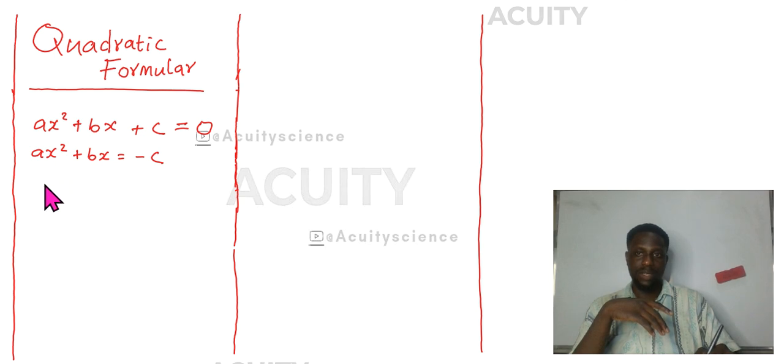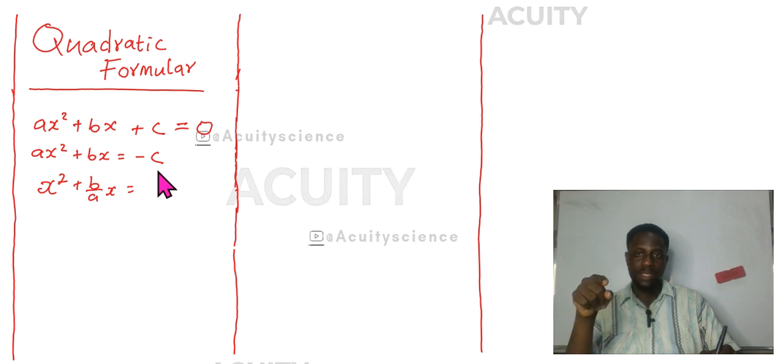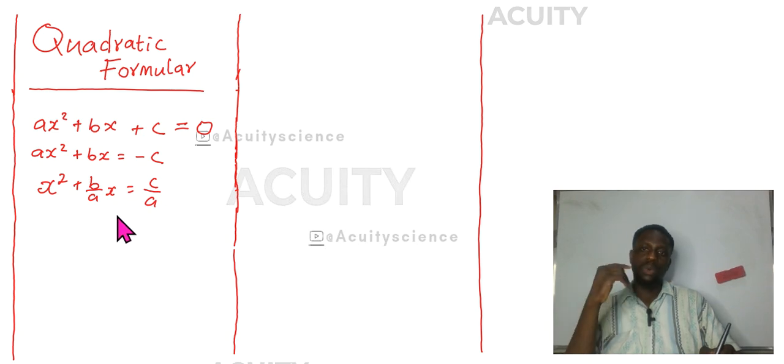Let me rewrite that properly. That would be x squared. Then we have a b here, so b over a x. Okay, then we have c there, then c over a. All right, we have that. Now what we want to do is, there's a minus here, we want to complete the square of this part.